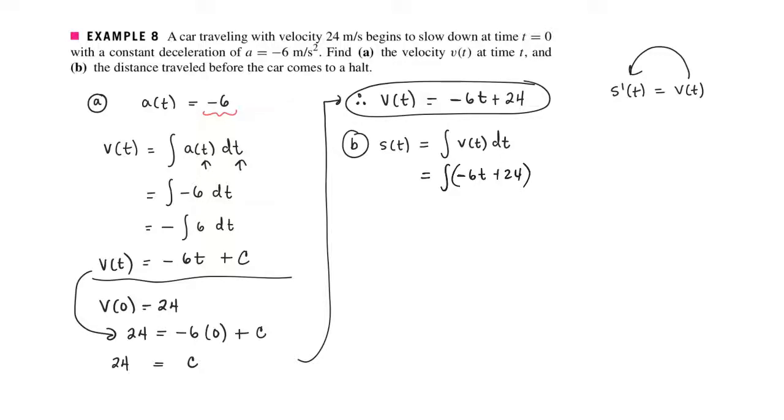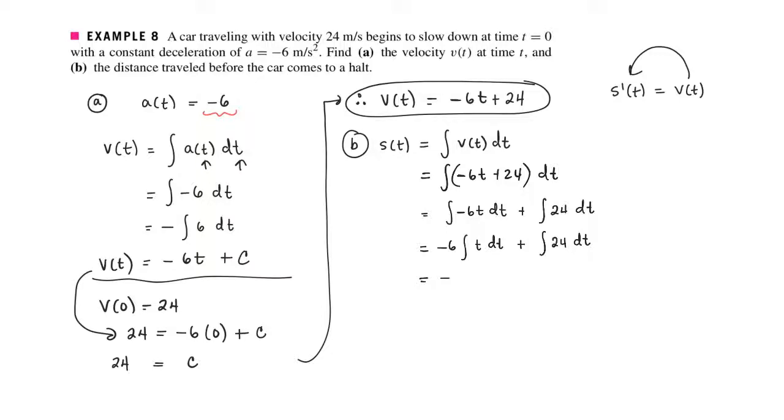And then again, because the independent variable is t, I'm going to have dt. And then remember that I can split the integral: negative 6t dt, plus the integral of 24 dt. And then the numerical coefficient can come outside of the integral, t dt, plus, because there's no variable here, I'm just going to leave the 24 inside.